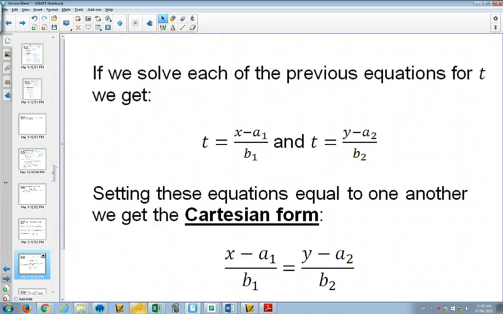Now, if you rearrange each of those equations to get the t value by itself, then you would get one equation with x and one equation with y. Since you have 2 equations and they're both equal to t, you could equate them, and then you would get the Cartesian form. And we're going to see that with the Cartesian form, you're going to be able to rearrange that to look just like y equals mx plus b.